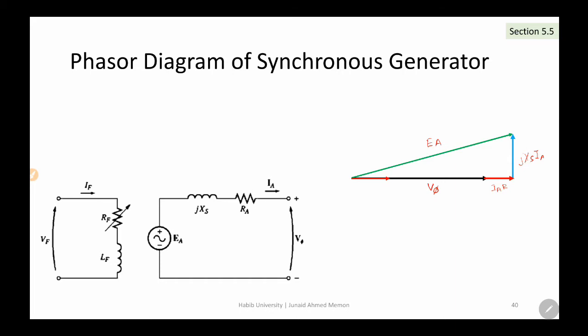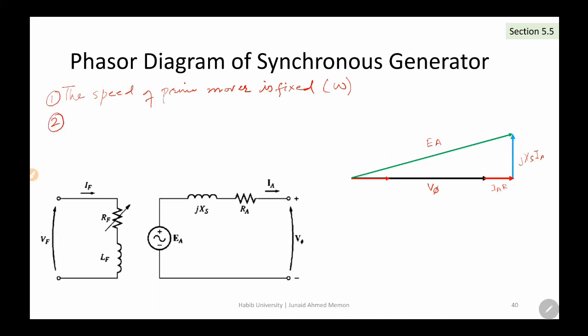The first condition is that the speed of the prime mover is fixed. So the speed at which the prime mover is rotating the rotor of the generator is fixed, which means your omega is fixed.